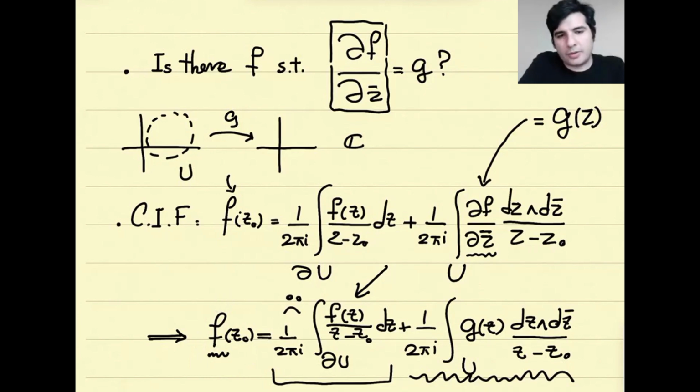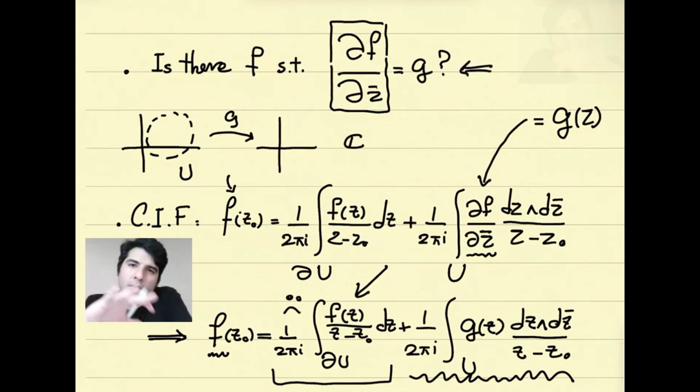So what can we do about this first term? This might sound weird. We are looking for a function f to solve this equation. Rather than looking among all functions f from u to C, I restrict the set of functions I'm considering.